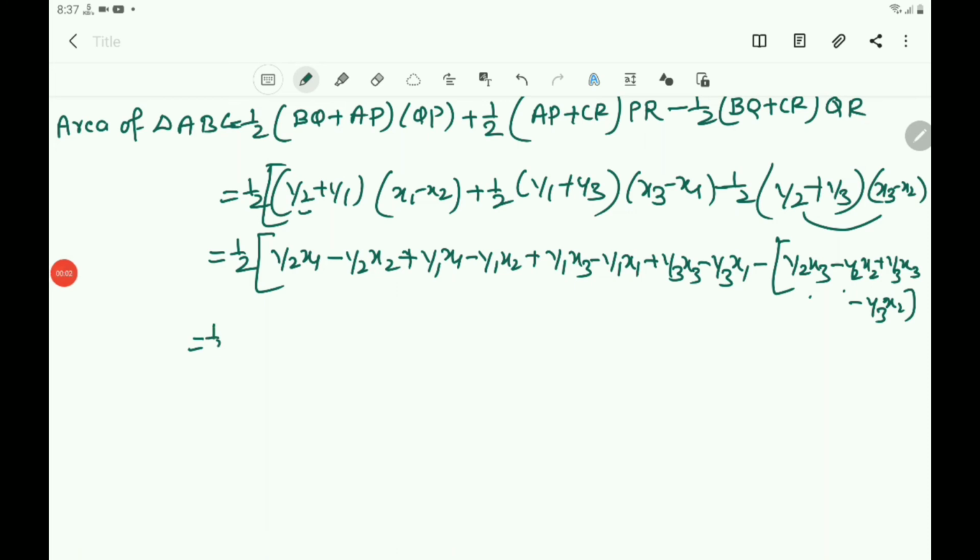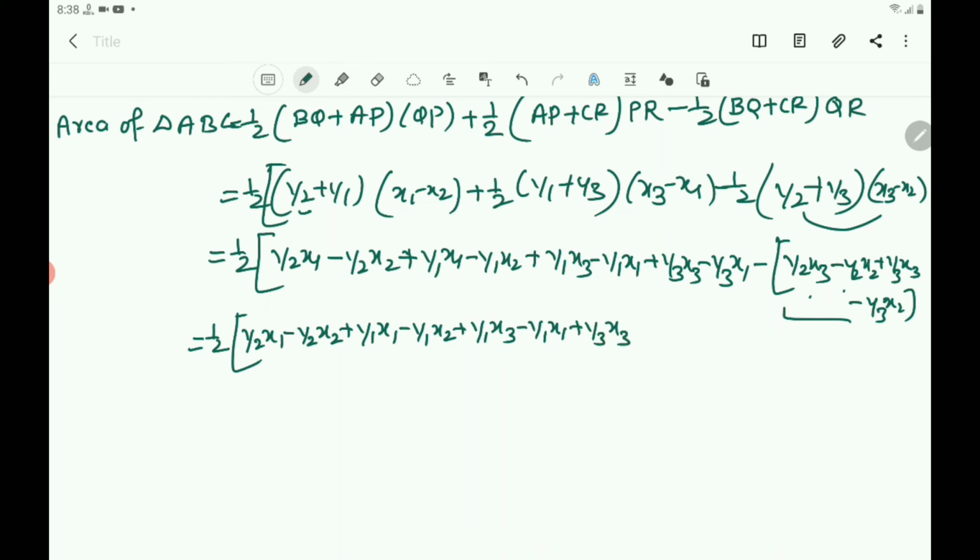Now you write half into the remaining terms as they are.